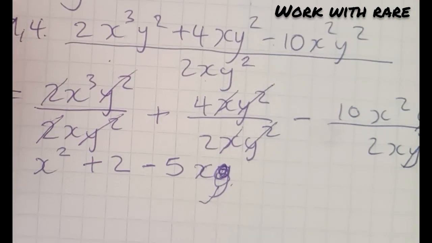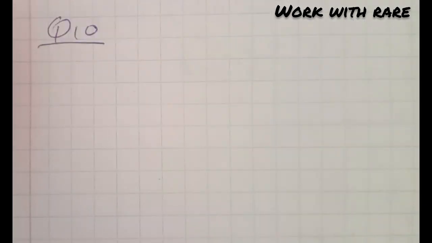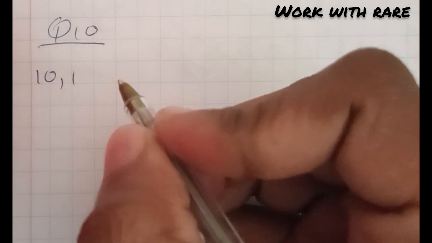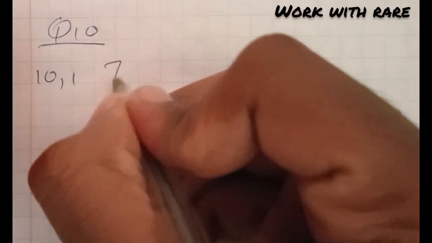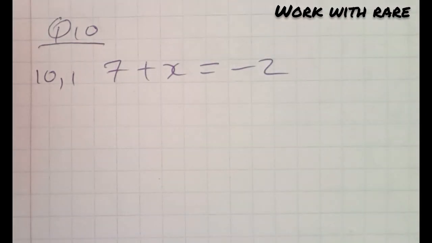So let's go to question 10. Question 10 says solve for x. So now we are solving for x. 10.1 says 7 plus x is equal to -2.